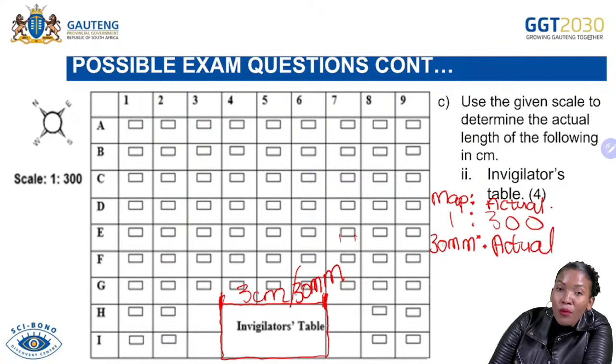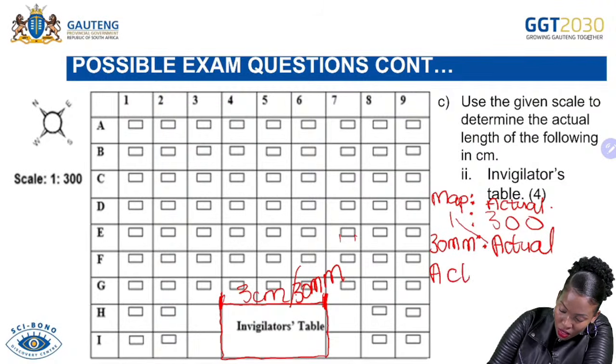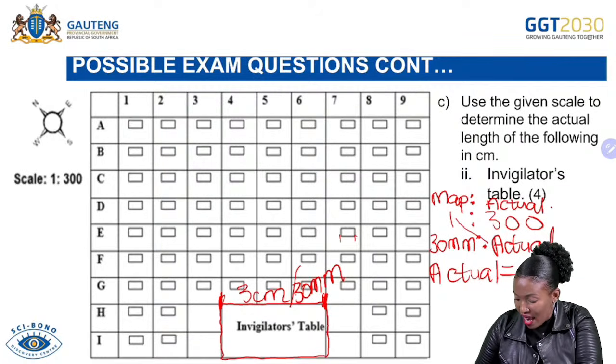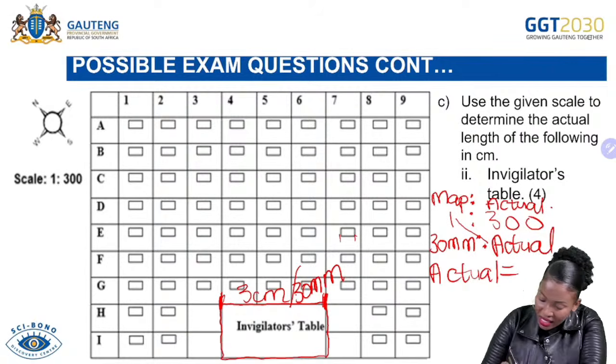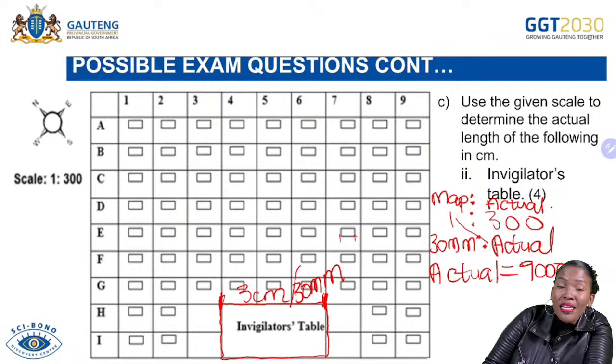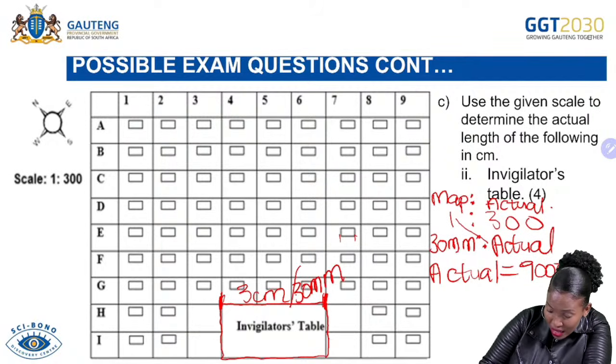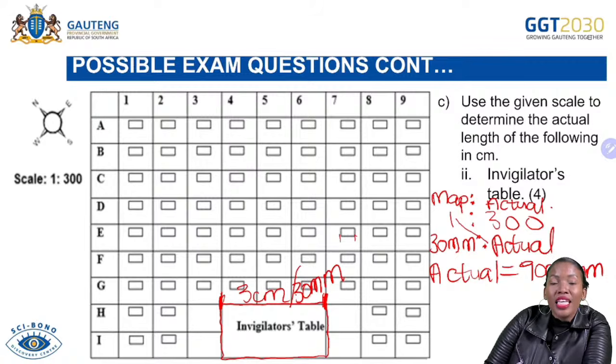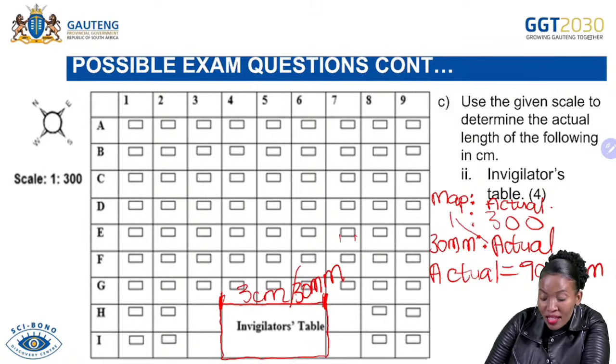And then from here, we are going to cross multiply. 1 multiplied by actual is going to be actual. And then we are going to say 300 multiplied by 30. The answer is 9,000. Remember, guys, we multiplied with millimeters. So the answer would be 9,000 millimeters. But what was the instruction?